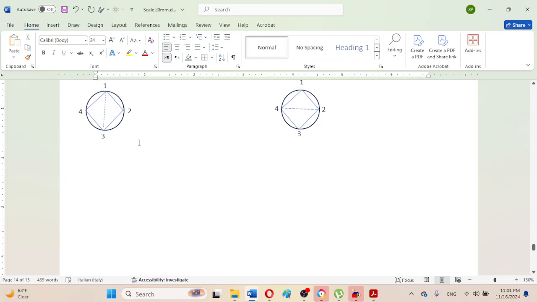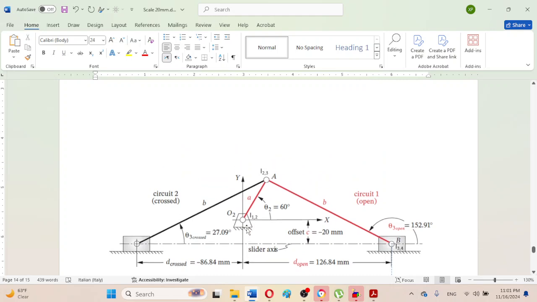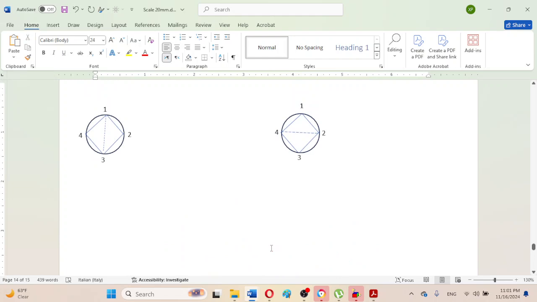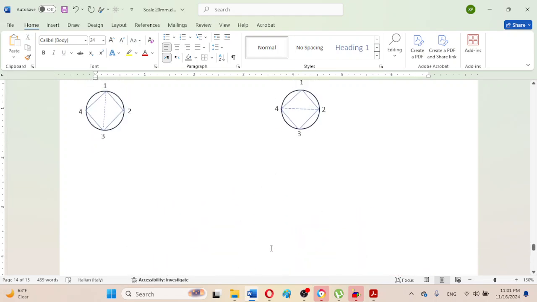So in order to determine their instant center, we will be using Kennedy's theorem. Kennedy's theorem states that the third instant center will be located on the line connecting the two permanent instant centers which have been previously found. This is the statement in my own words, just for explanation.